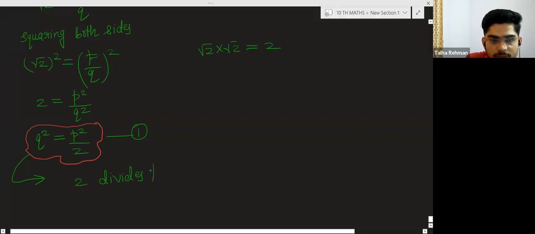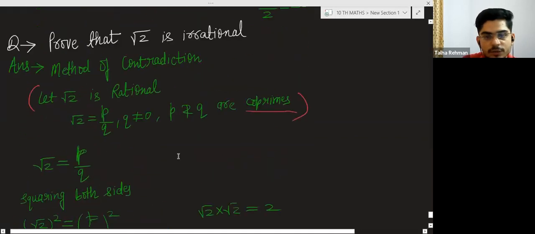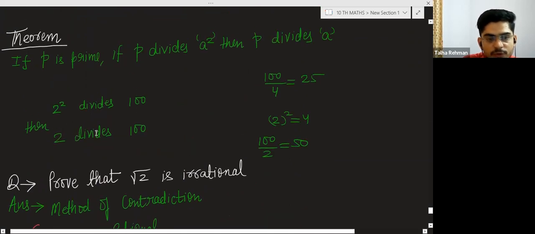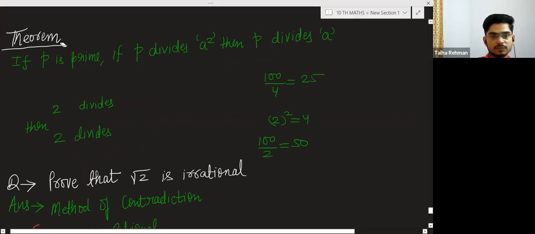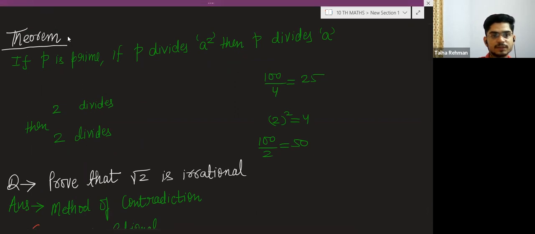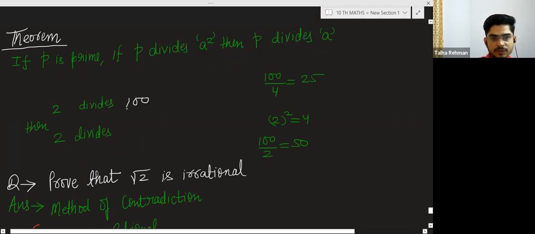And according to our theorem, if 2 divides 100, then 2 divides 10, meaning if 2 divides 10 square, then 2 divides 10. This is the case here.